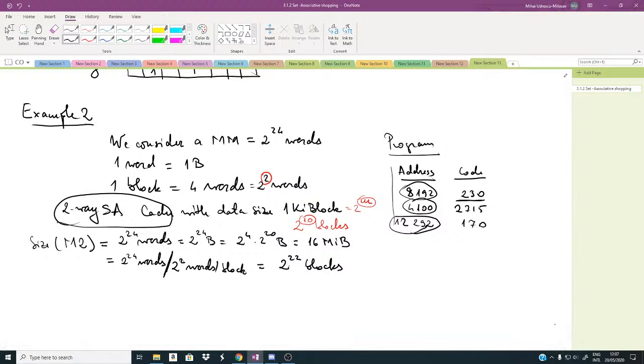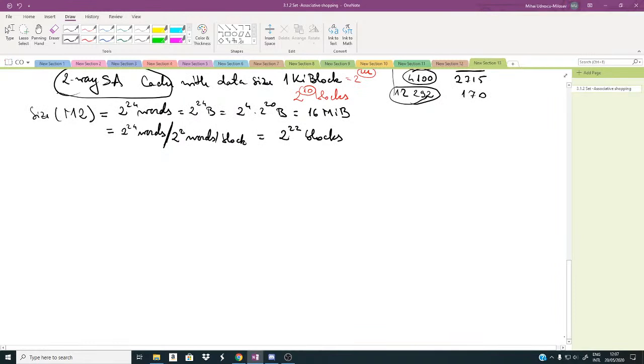Now, I'm not going to draw the main memory again because I drew it last week for the first example, the example with direct mapping. That would suffice, obviously, because the structure of the main memory is not changing. The only thing that changes is the structure of the cache.